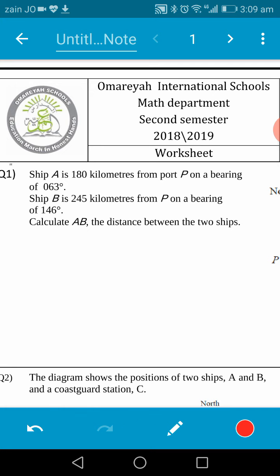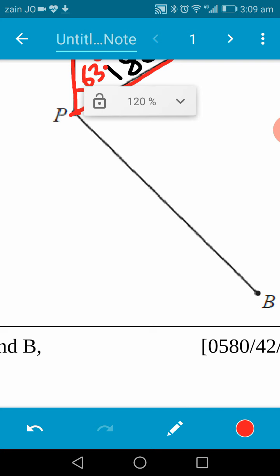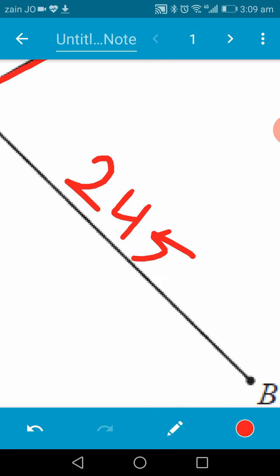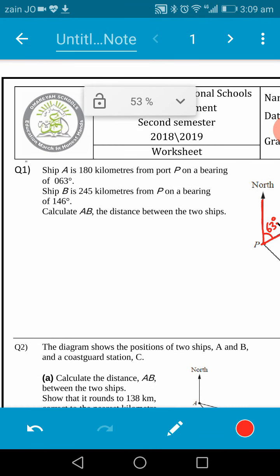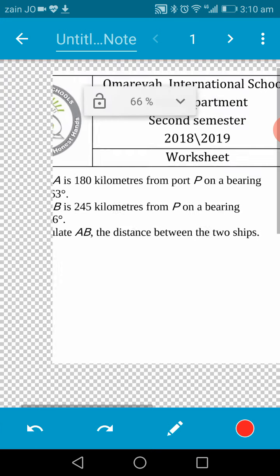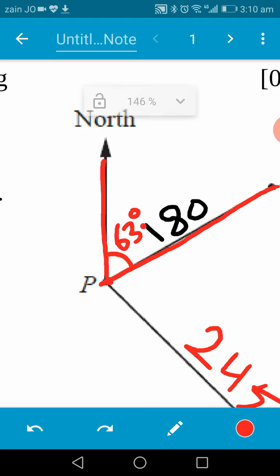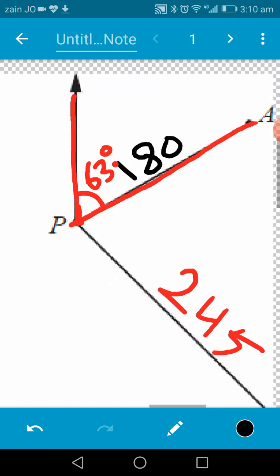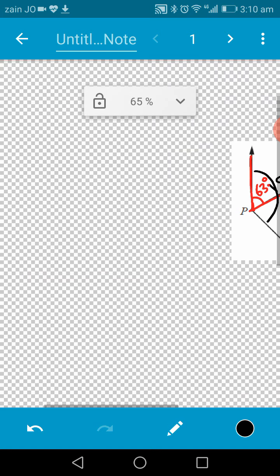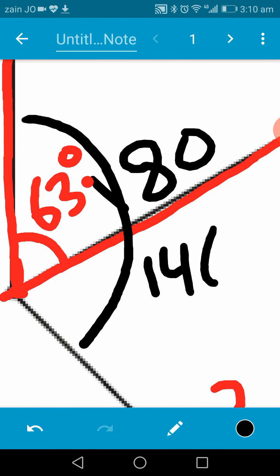Then ship B is 245 kilometers from P, so the distance from B to P is 245. We write 245 kilometers here. Give me the bearing. The bearing is from P. As I told you, the starting point comes after the word from. So from P to B the angle is 146. This is P, this is the north. Take this whole angle. This angle is 146 degrees.